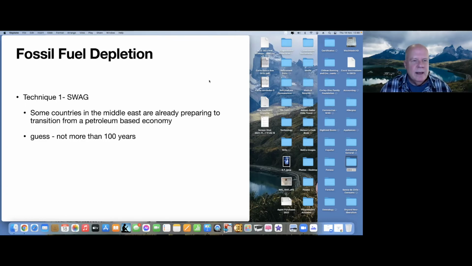Given that they're very uneasy about the longevity of fossil fuels as a viable means of keeping things going, I'm going to say, based off of their pessimism, that maybe we don't have more than 100 years. So that's my first guess. We've got 100 years to keep things going and to potentially meet somebody outside of our planet.